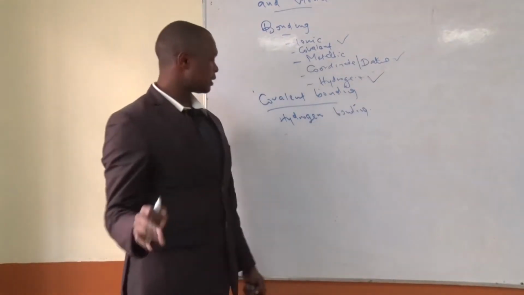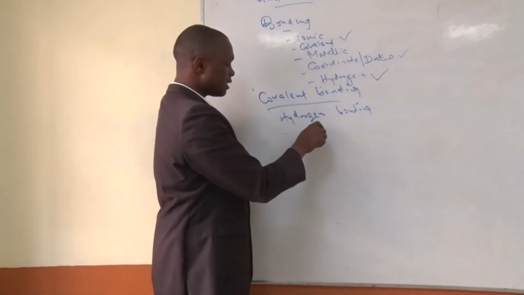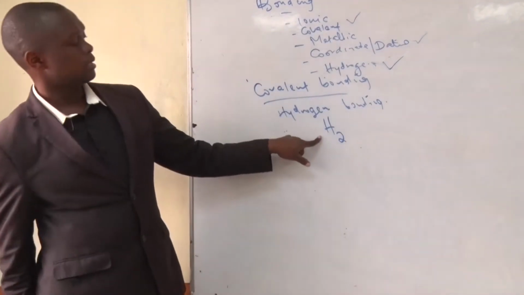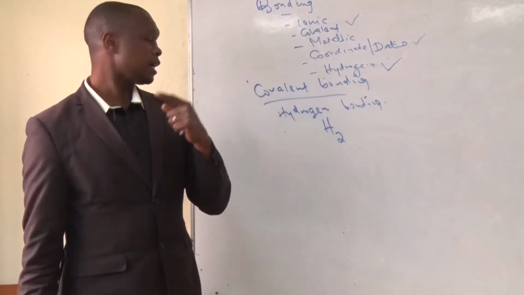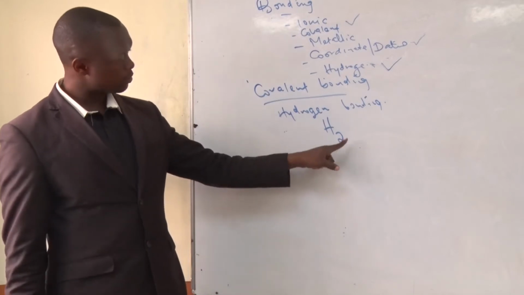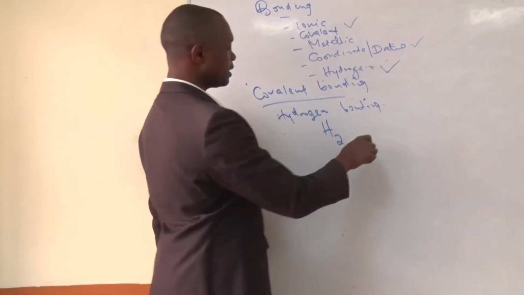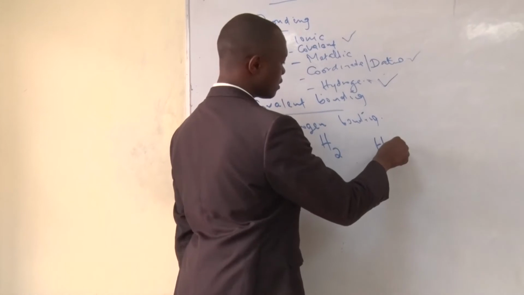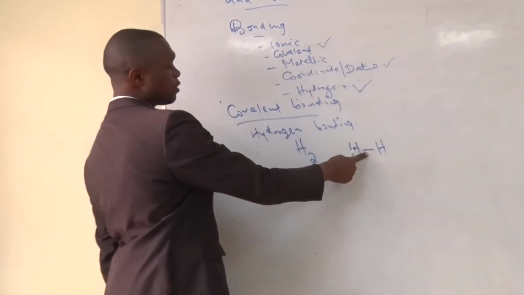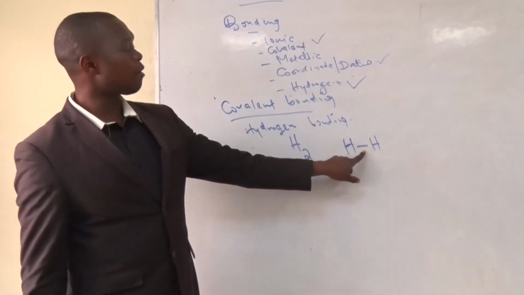Now in hydrogen bonding, you need to know that hydrogen is the atomic molecule consisting of two atoms of hydrogen to form the molecule of hydrogen gas. Okay? So basically we have that hydrogen with another hydrogen. This is the bond we call the covalent bond.